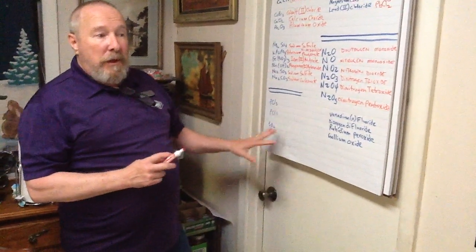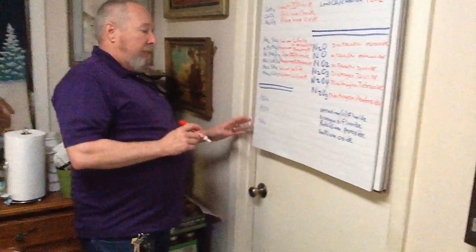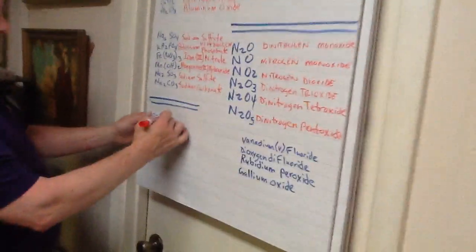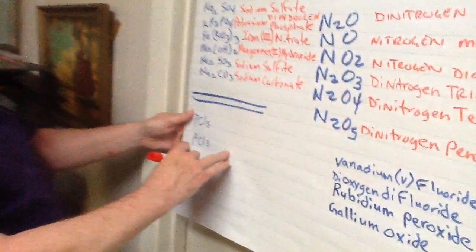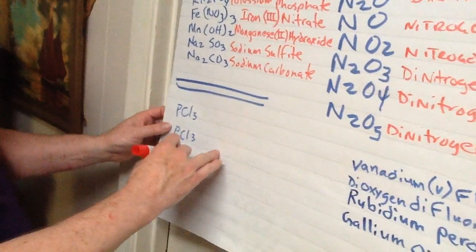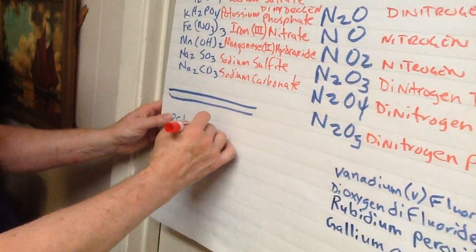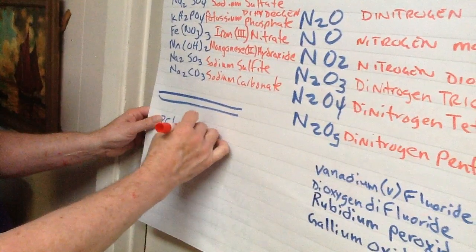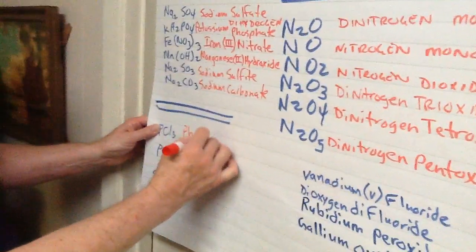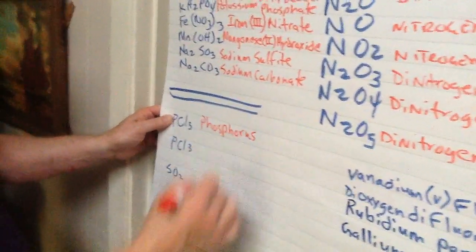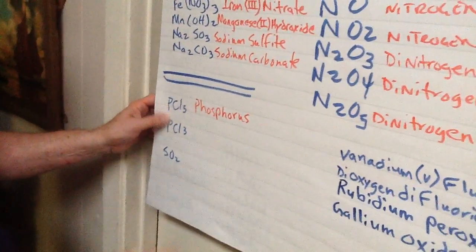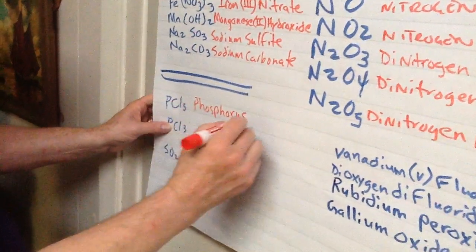So let me show you a couple of examples. PCl5, and we'll look at some of these structures when we review some material in Chapter 4. I have some models of these. This is phosphorus. So I don't need to say monophosphorus. Penta, 5 chlorines.